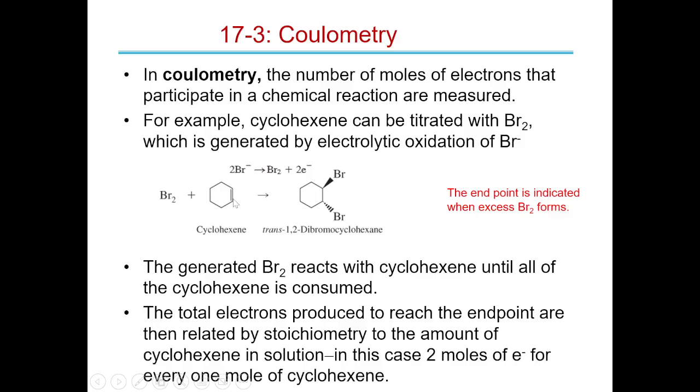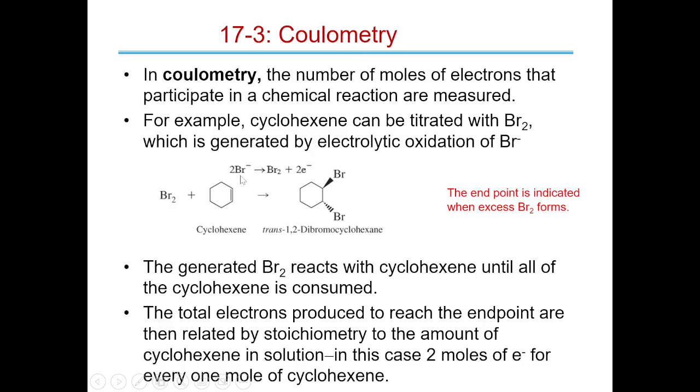The generated Br2 will react with cyclohexene, and we can measure the amount of cyclohexene. Thus, it will react with cyclohexene until the cyclohexene is consumed. So the total electrons produced to reach the endpoint are then going to be related by stoichiometry to the amount of cyclohexene in the solution.